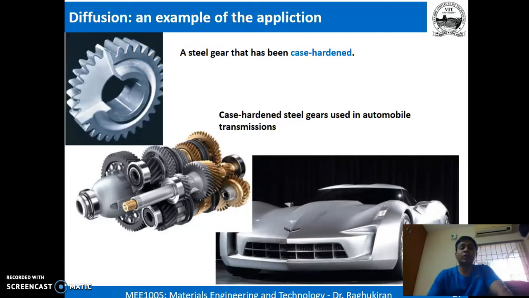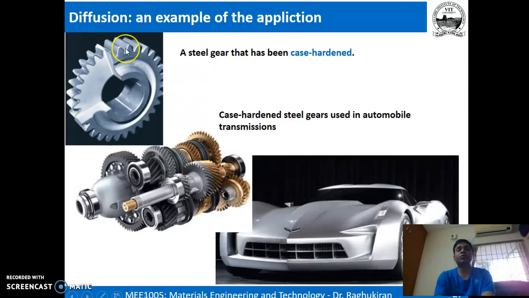So I can modify the surface alone. I make the gear wheel with a material which can withstand all the loads without failing abruptly in a brittle manner, but this material does not have sufficient hardness at the surface.